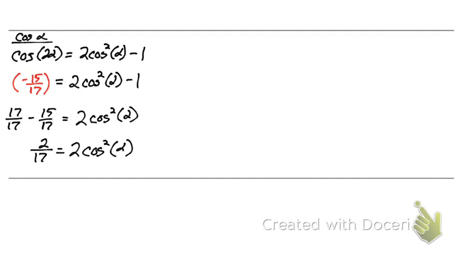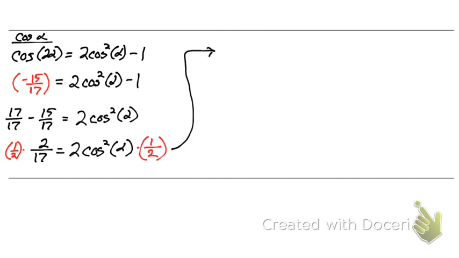The next thing we're going to do is divide both sides by 2. Think about it this way, it makes it easier with fractions. Rather than divide both sides by 2, just multiply both sides by 1/2. Because people have a lot easier time multiplying than dividing fractions. So just think about it as multiplying 1/2 on both sides.